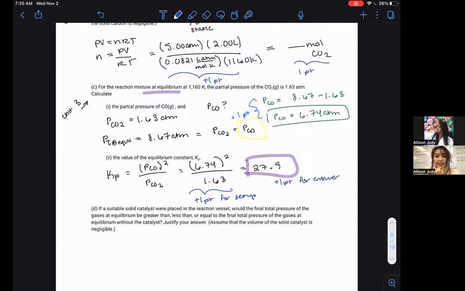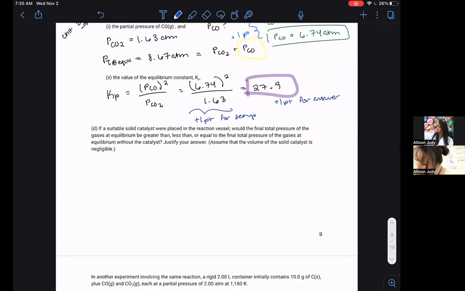Okay, so D. If a suitable solid catalyst were placed in the reaction vessel, would the final total pressure of the gases at equilibrium be greater than, less than, or equal to the final total pressure of the gases at equilibrium without the catalyst? Justify your answer. So remember, a catalyst changes the pathway by lowering activation energy.